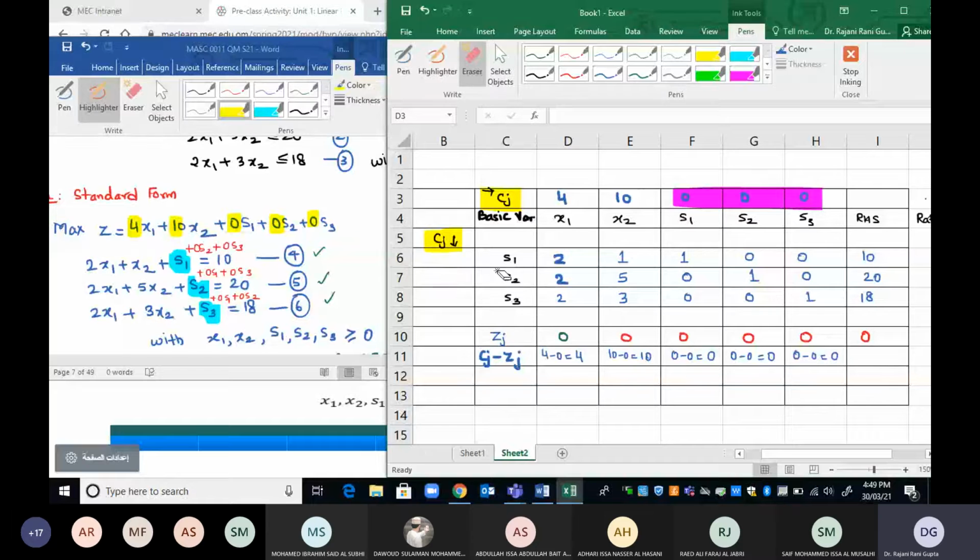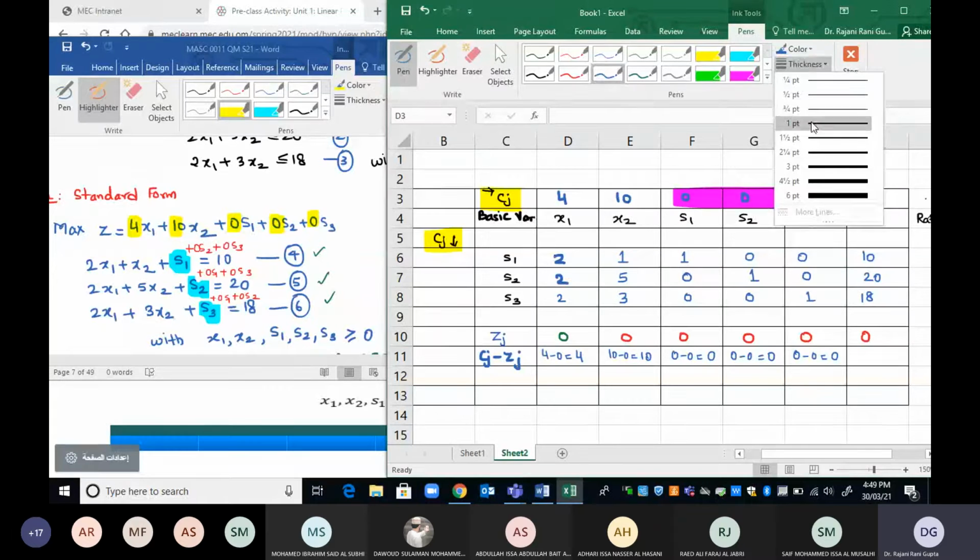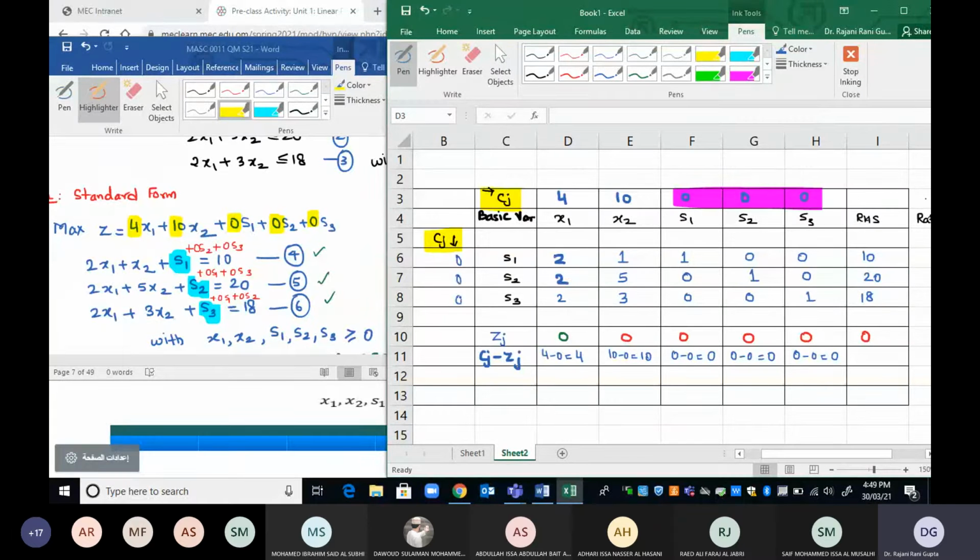Okay, so what we were having is this Cj and this x1. When we want to calculate Zj corresponding to x1, we have to multiply Cj with x1.